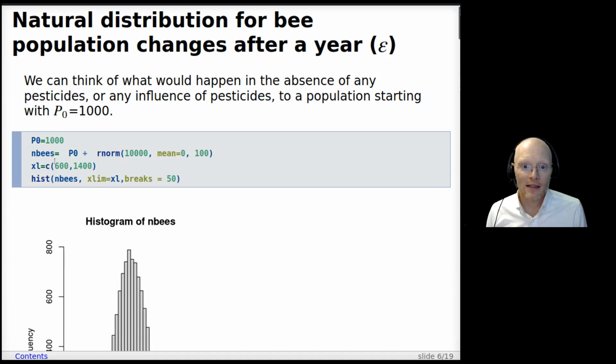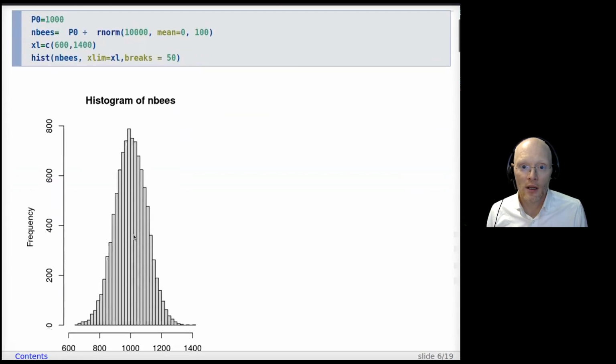Now this next line, let's ignore that for a moment. I'm then going to just plot a histogram of all of these 10,000 values for NBs. The rest of the stuff is just choosing how the histogram looks. xlim here is just telling me how much to show on the x-axis. I'm going to show an x-axis from between 600 and 1400, and I've defined that there.